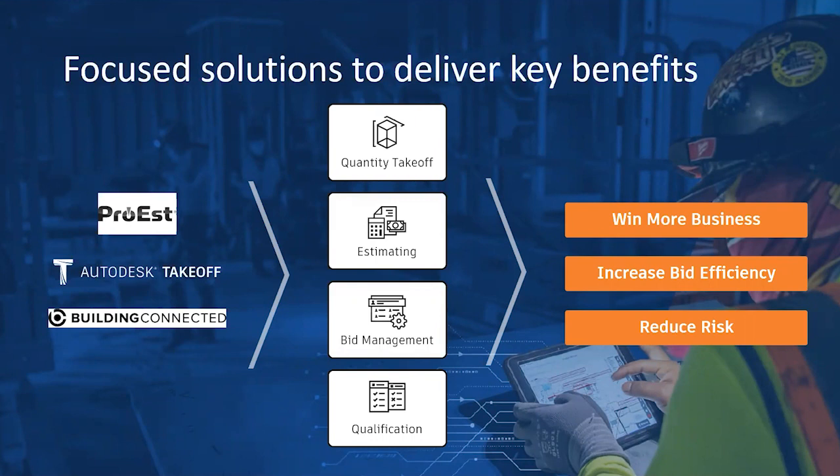With that product, you can extract your quantity takeoffs, whether we're talking about extracting quantities from 2D PDF construction document sets or by leveraging 3D models. Then we can take that into the next step, which is the utilization of ProEst to put real dollars and cents to those quantities that you've taken off from the design deliverables, from your CDs.